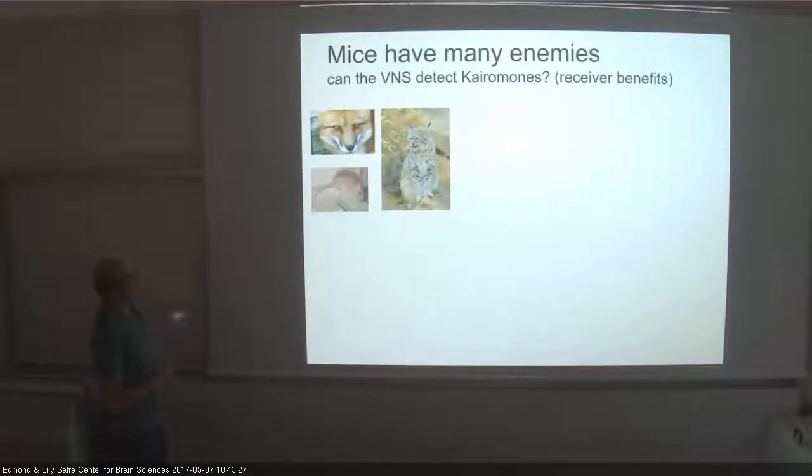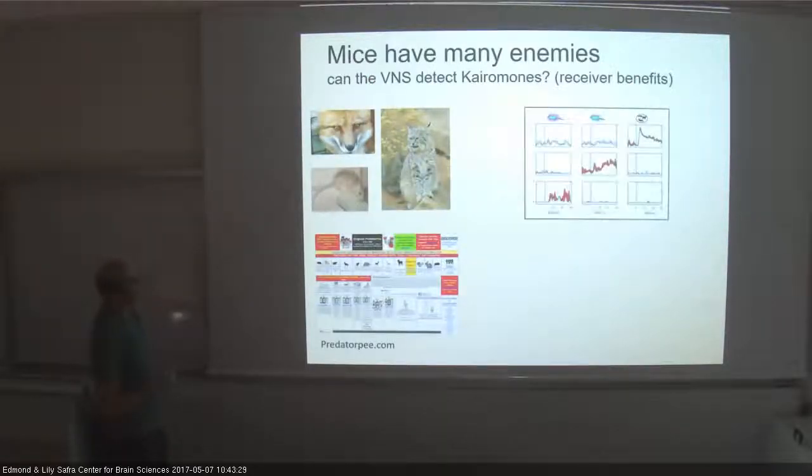The one other thing I wanted to show you here is that the neurons in the vomeronasal system, in the AOB, don't just respond to stimuli from other mice. So it's not just about social interactions, but they also show very strong responses to predator urines, indicating that they may have a role in predator avoidance.